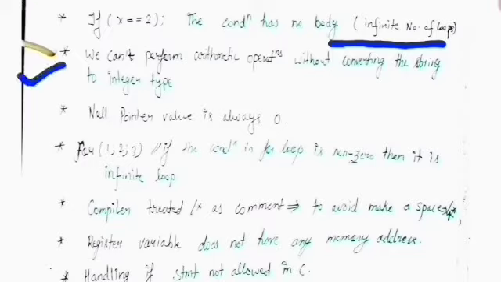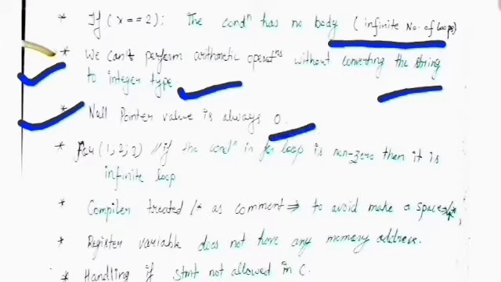And the next point is we can't perform arithmetic operations without converting the string into the integer type, because we know that arithmetic operations are applied on integers. Now, a null pointer value is always 0. Yes, of course, because a null pointer is defined by null values, which is the 0 value.